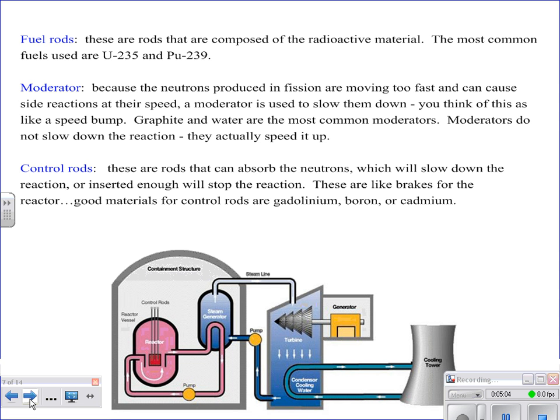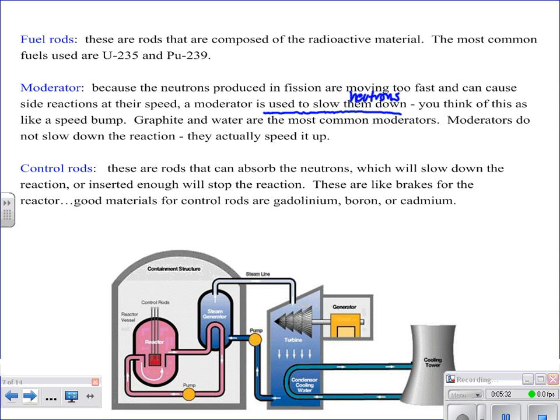It's going to be your uranium-235 or plutonium-239. A moderator is used to slow down neutrons. So we said earlier that you need to have those neutrons moving really slowly in order to bombard that uranium-235. So that's what a moderator does, it's used to slow down neutrons.